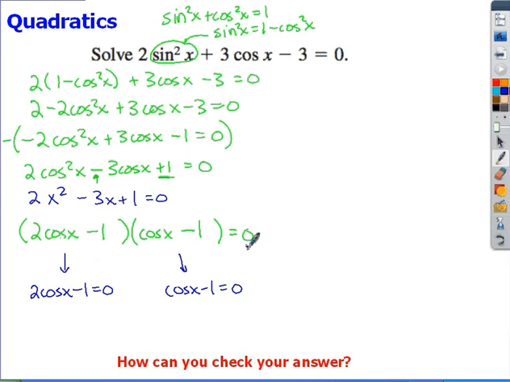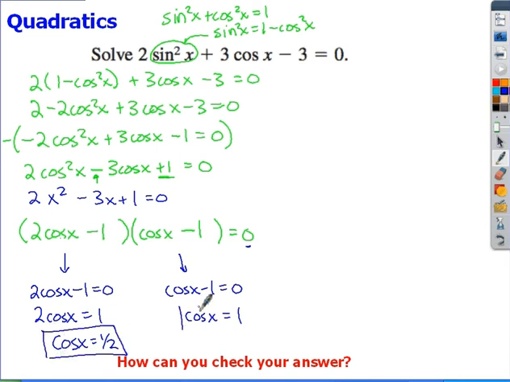So on this side we have 2 cos x equals 1, or in other words, cos x equals 1/2. And over here, we have cos x equals 1. So there are basically two equations we have to solve now. There's this one, and this one.